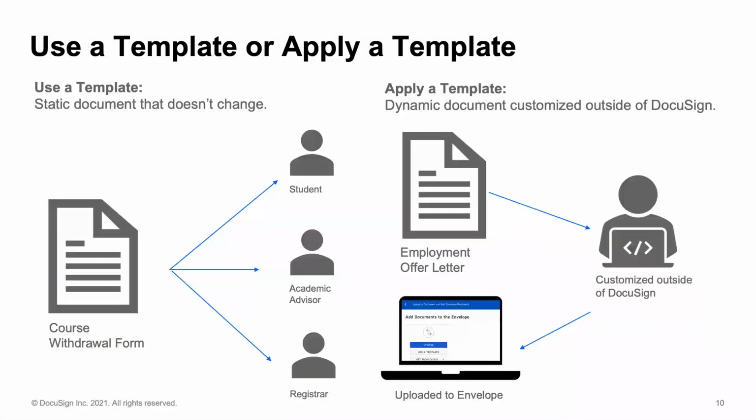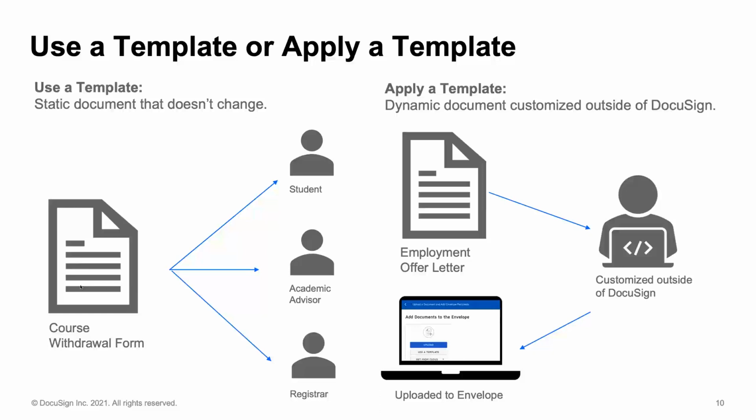So when it comes to templates, there are actually 2 different ways that a template can be used to send an envelope. The first is to use a template. This means that you have a static document that is not changing. So the document is always going to be the same regardless of who is filling it out.